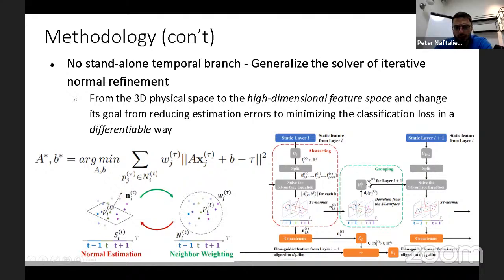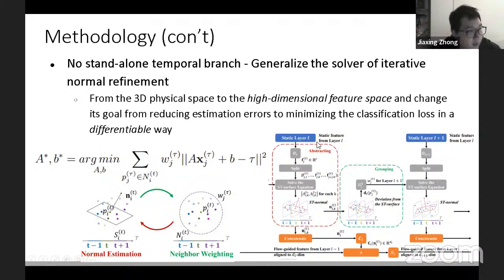That's fine. What is S_i of T? S is the surface, it's the A and B. Which S_i do you mean? Down below, just above the x-axis on the left side. Normal estimation, two rows above this, there is a capital S underscore i, upper script T. What is S?